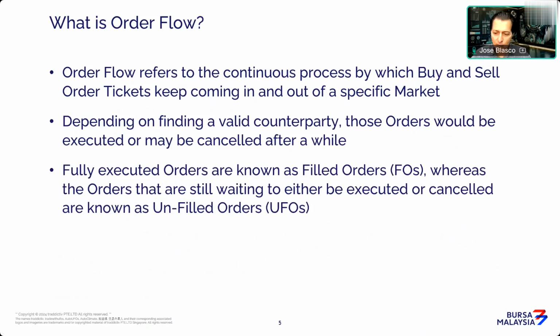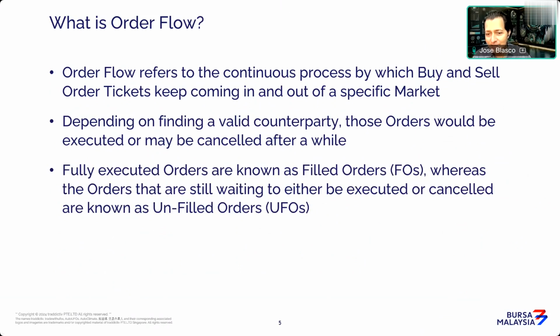So the first thing I would like to discuss and make sure everybody understands is what is order flow. Order flow refers to the continuous process by which buy and sell orders, those are order tickets, keep coming in and out of a specific market. In other words, we are now sitting on a chair, on the sofa, at your desk, wherever you are.